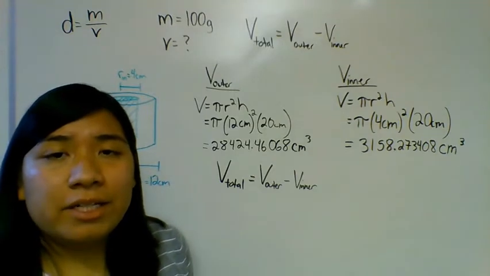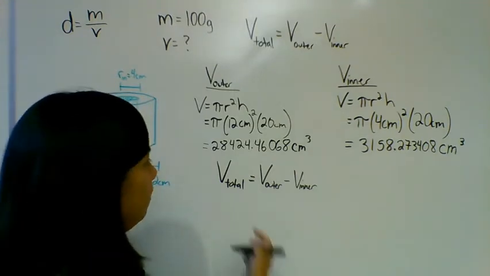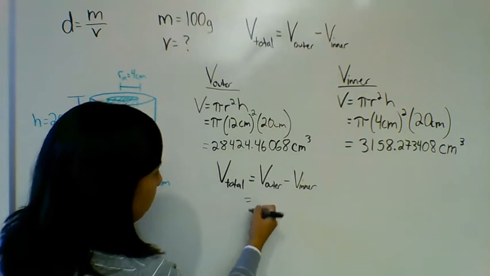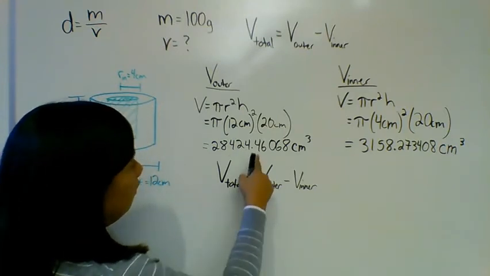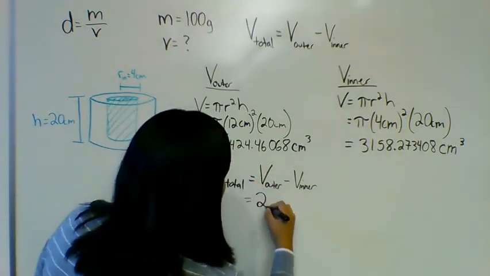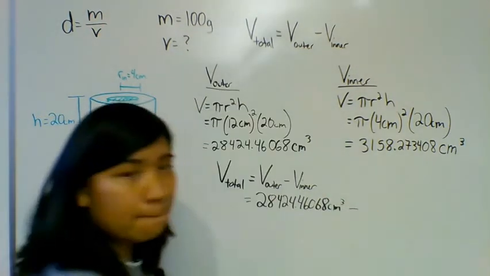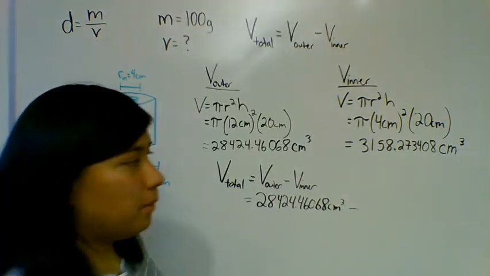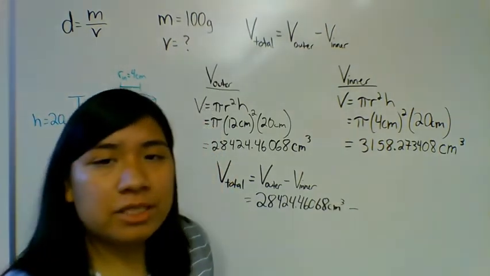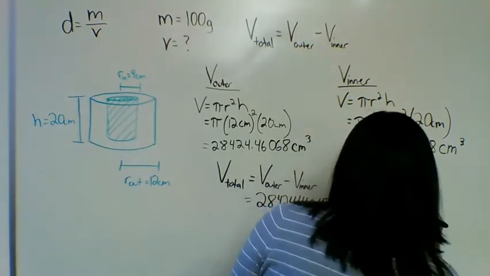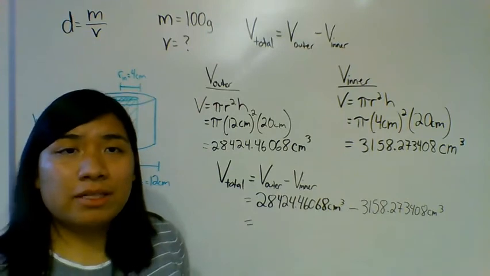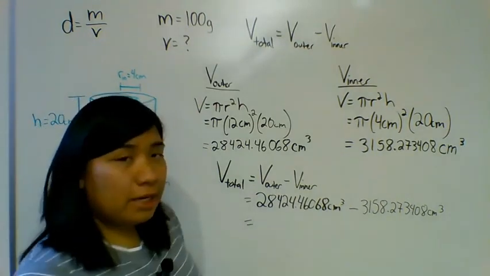Now that I have my equation again, I'm going to go ahead and plug in numbers. So I know that my V total is going to be outer, which is this number right here, minus my volume inner, which is that number. Now we put this in the calculator, and we get.